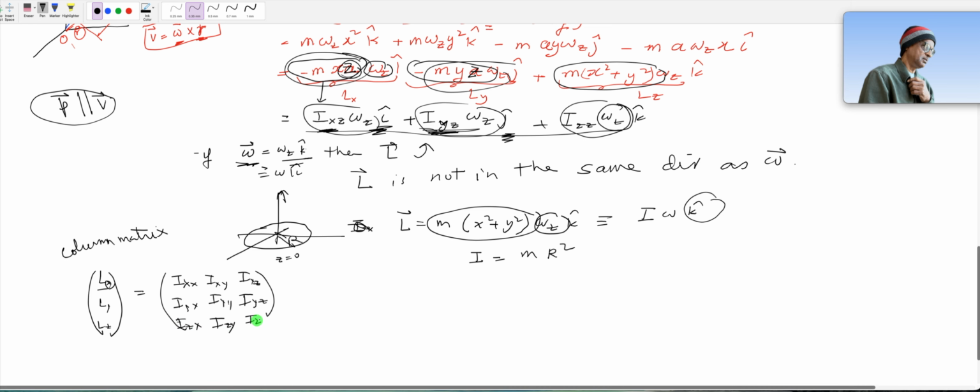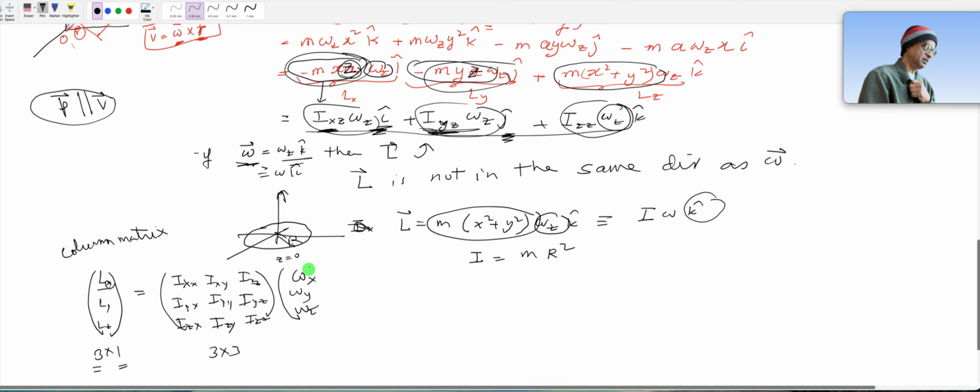So this is a 3 by 3 matrix, and this is 3 by 1, a column with 3 rows.